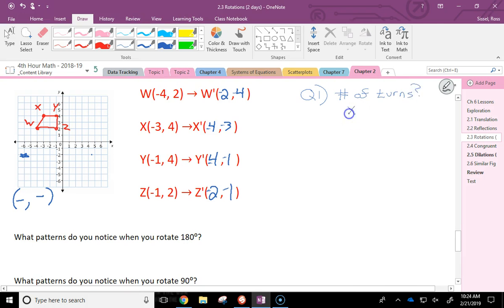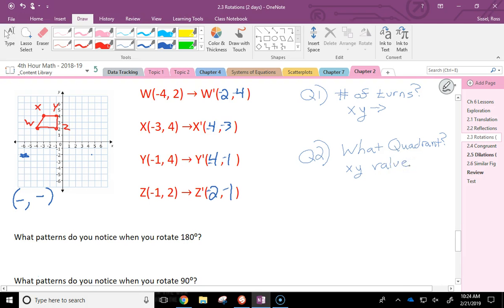What does that do to my x and y numbers? The second question that you ask is what quadrant? How does that affect the x and y values?